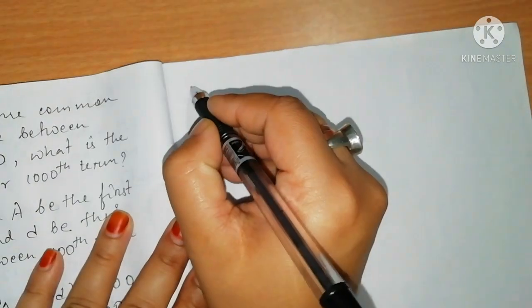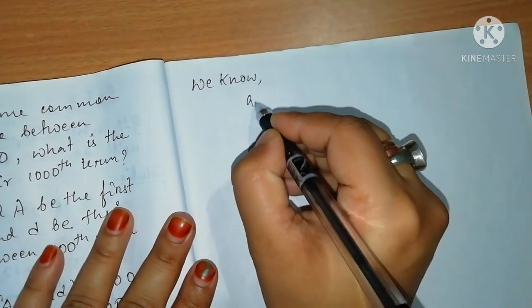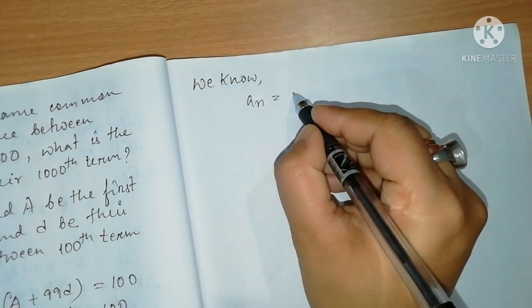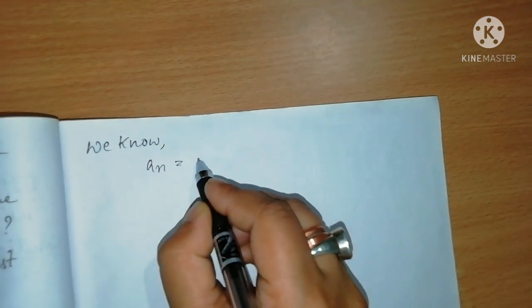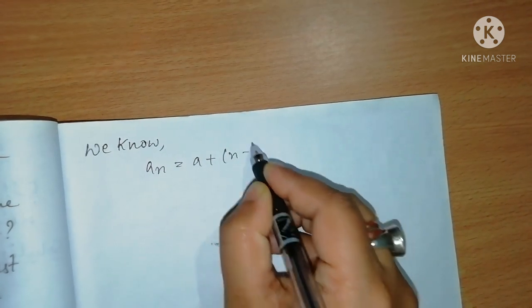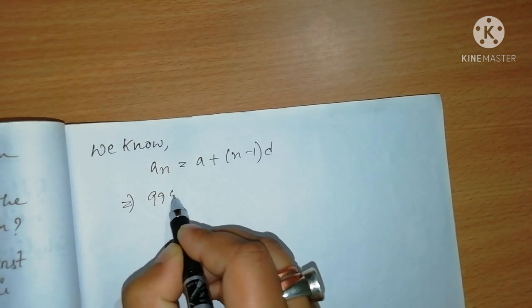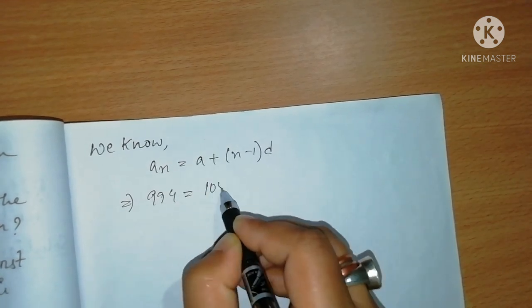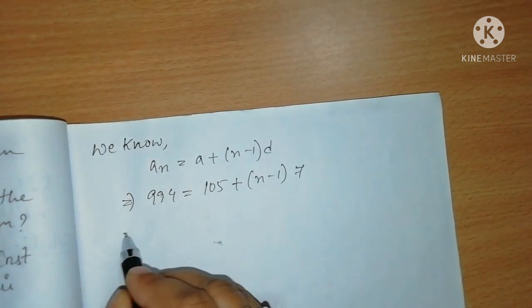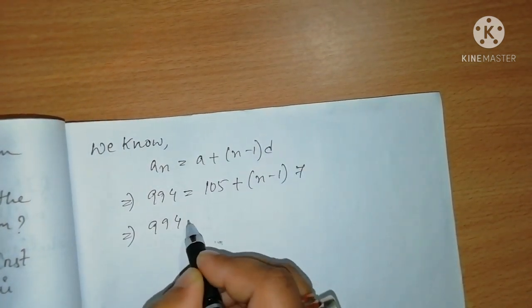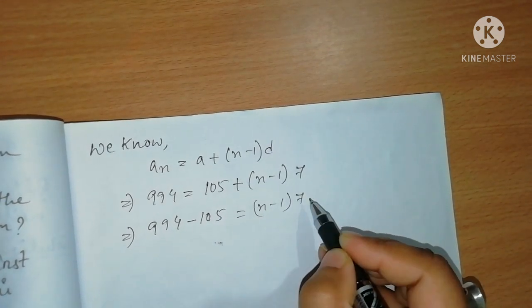Next, as we know, an equal to a plus n minus 1 d. So an equal to 994, a is your 105, n minus 1, d is your 7. So 994 minus 105 is equal to n minus 1 times 7.